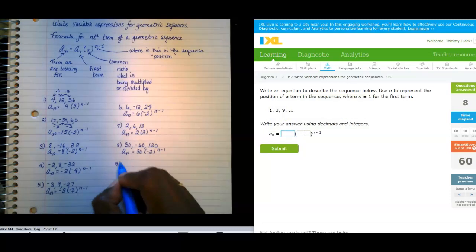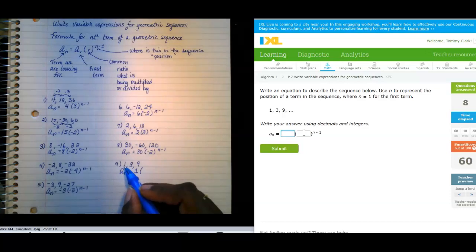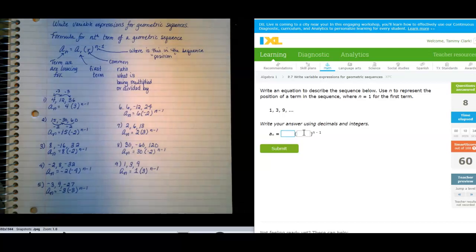Number 9. Got 1, 3, and 9. So a sub n, or the term we're looking for, is equal to the first term times the common ratio. Well, 1 times 3 is 3. 3 times 3 is 9, raised to the n minus 1.